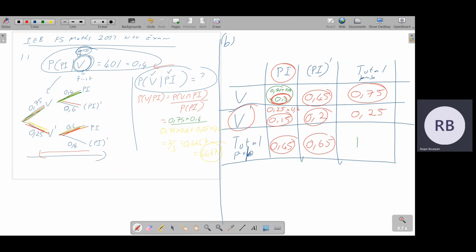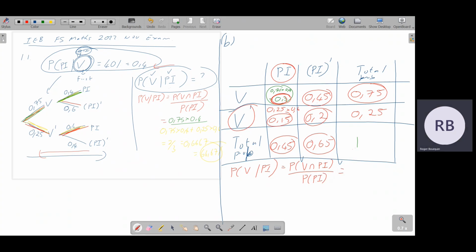Here's our contingency table. And now, once again, they wanted the probability that somebody, given that they've had a previous infection, was vaccinated. And again, we're going to use our formula. Probability vaccinated and previously infected over probability of previously infected.